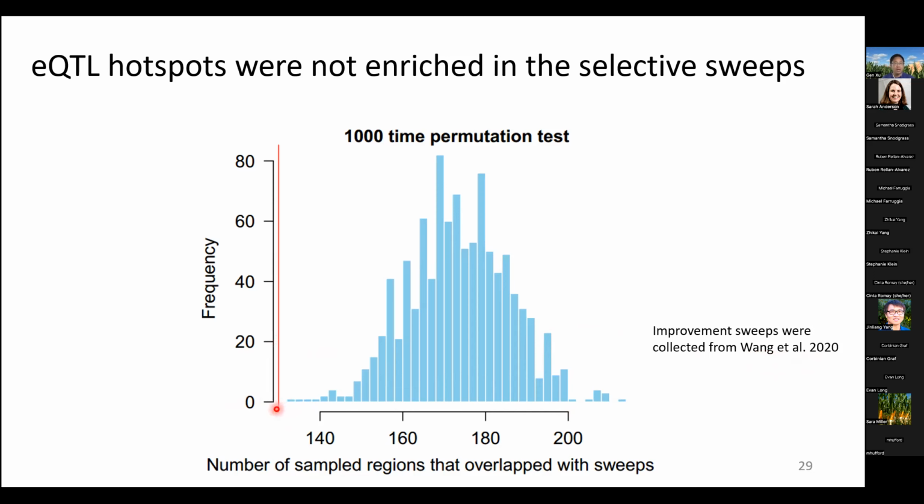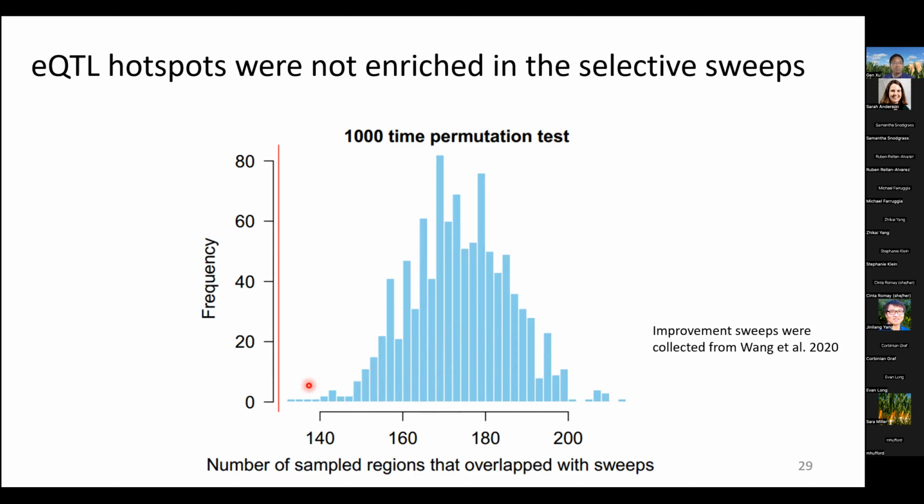It means the overlapped number between eQTL hotspots and selective sweeps. And the histogram is the 1,000-time permutation test, where we randomly sample regions and compare them with the selective sweeps.